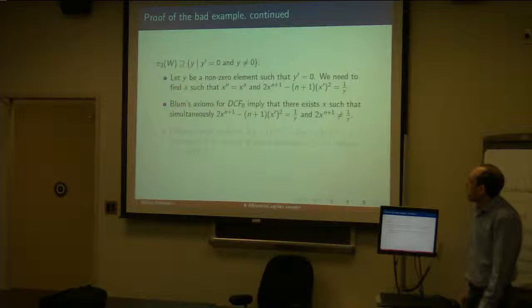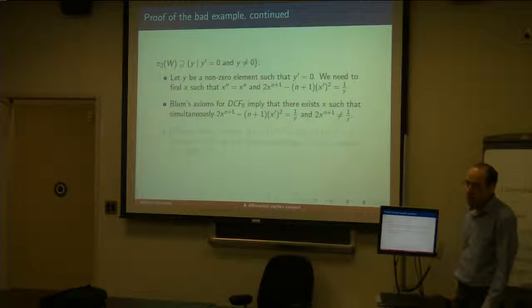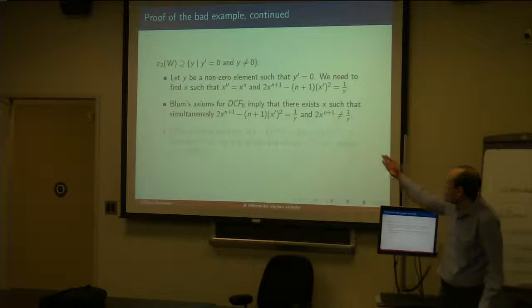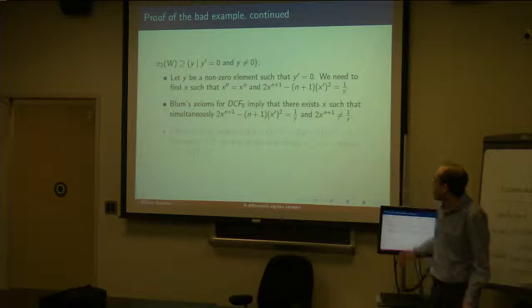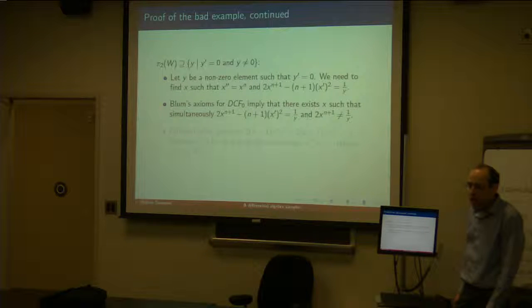Well, the axioms of differentially closed field tell us that for the second equation, that first order, there exists a solution that also doesn't lie on a variety of smaller order. So we can specify both this equation and this inequation there.